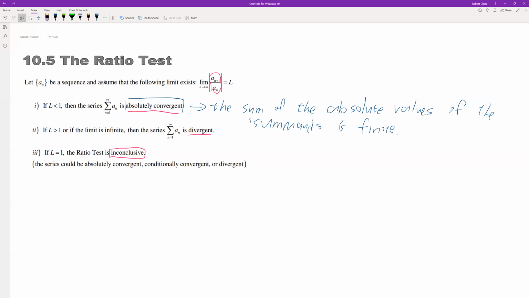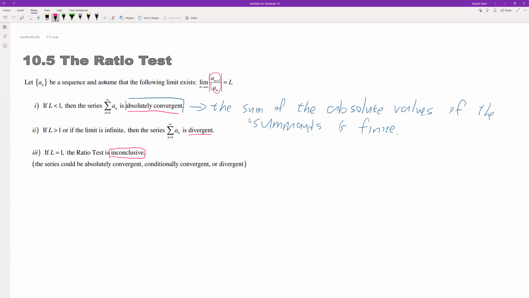The summands are basically the numbers that we're adding together, so in this case a_n and a_{n+1}, or all the a_i's. If we take the absolute value of all the terms in the sequence, and we add them together, if it's convergent, then we say it's absolutely convergent.